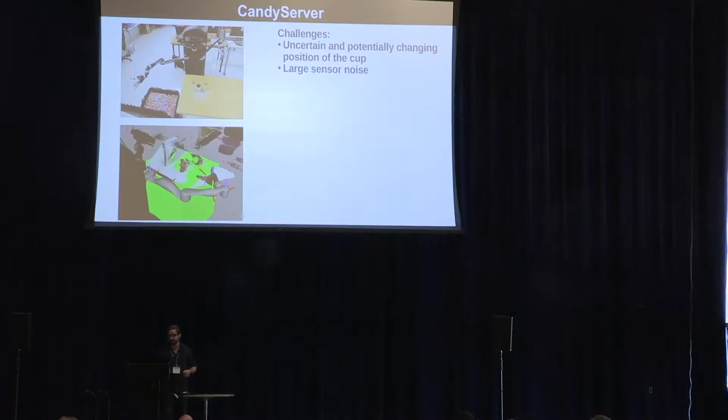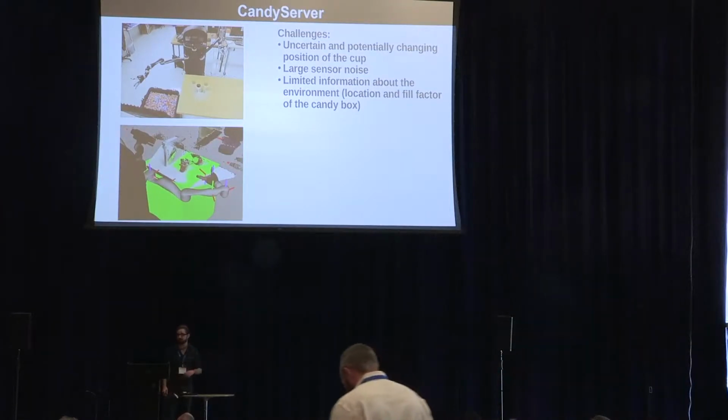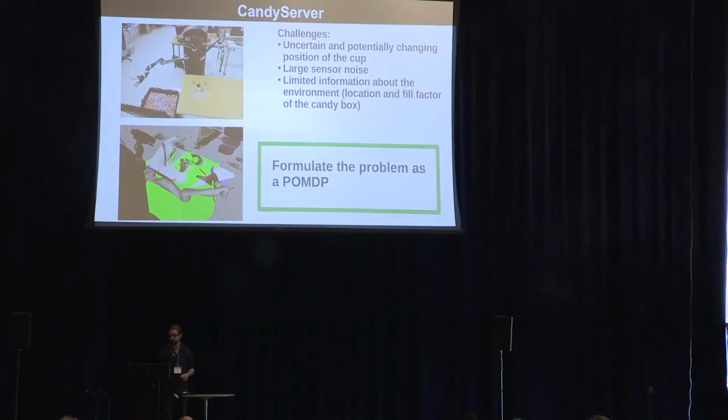However, we found that even after doing a little bit of calibration, there are still substantial perception errors with respect to the location of the cup. Additionally, we assume that the robot has limited prior information about its operating environment, particularly with respect to the location and fill factor of the candy box. Again, the robot can use its sensor to build a rough model of the environment, but these observations are very noisy.